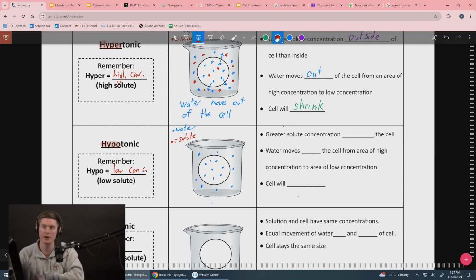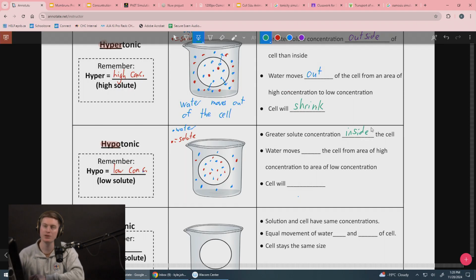Now there's going to be a greater concentration of solute inside the cell. So I'm going to put 6 dots inside the cell and only 2 outside. So I have more solute on the inside. We have a greater solute concentration inside of the cell.